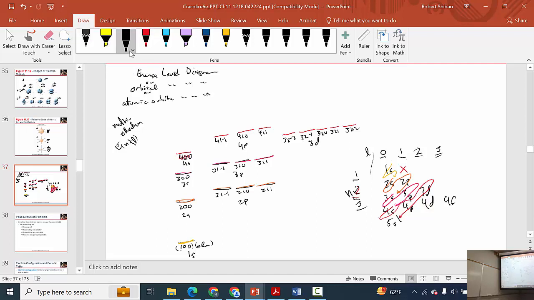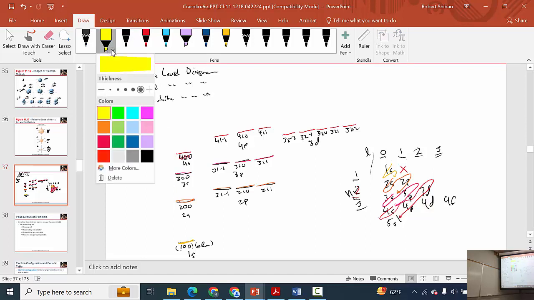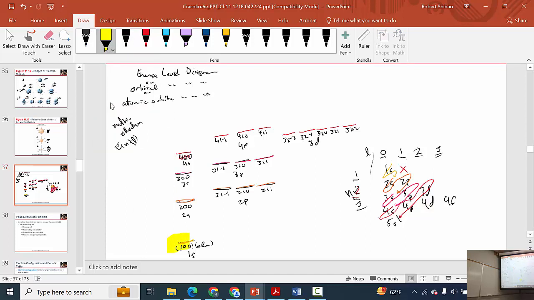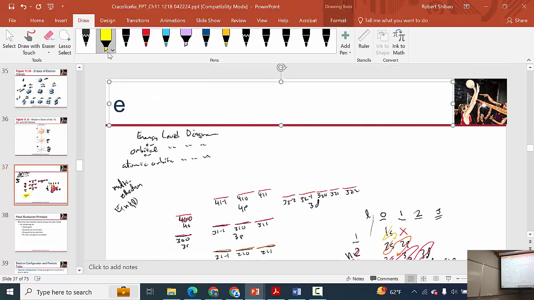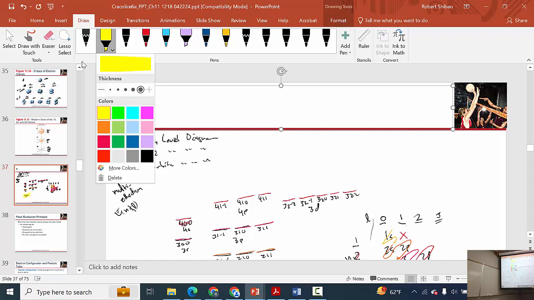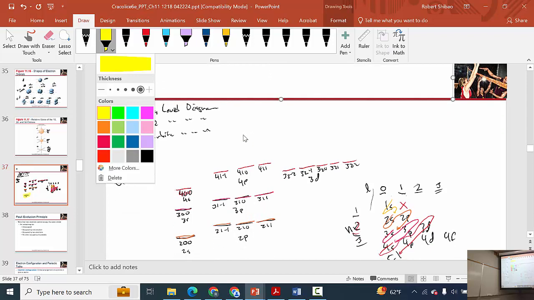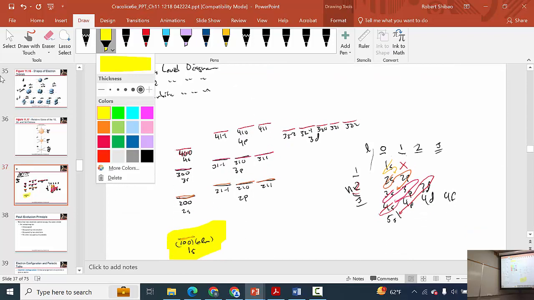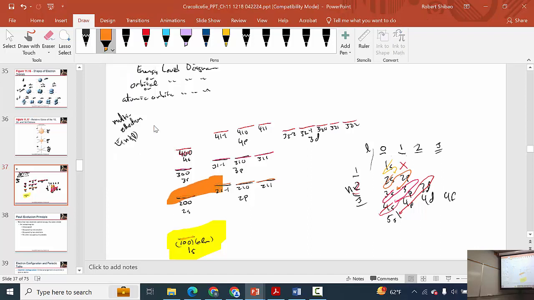So what I'm going to have is this. This is the first shell here. Let's see if this works. This is my next shell.